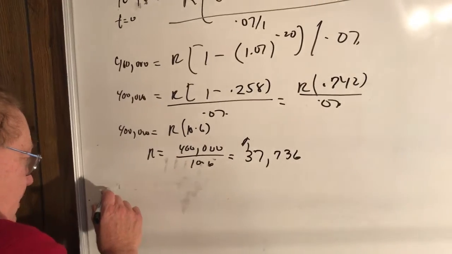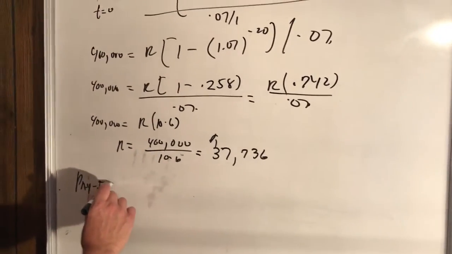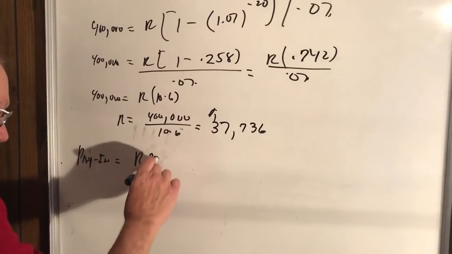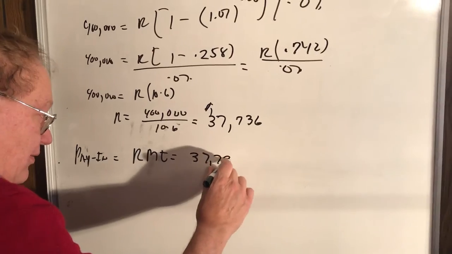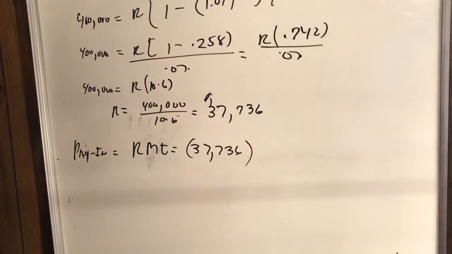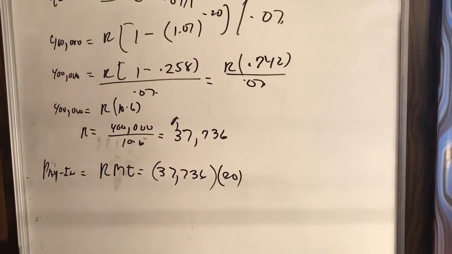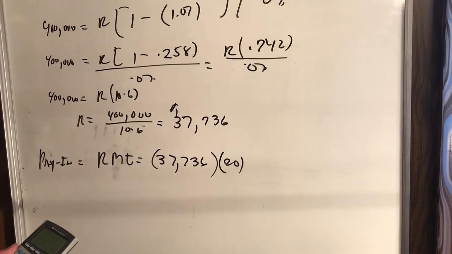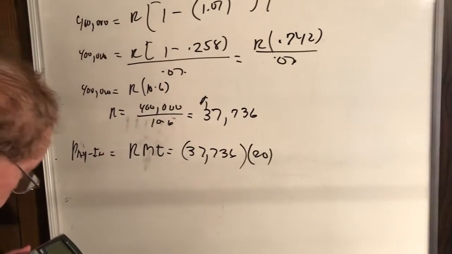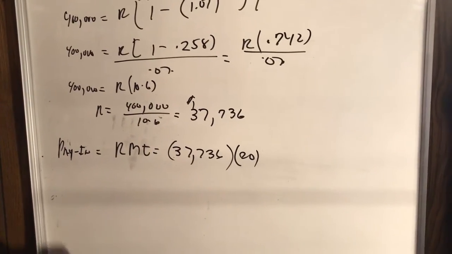So how much am I going to get back in the end? Let's see what my payout is. That's R times M times T, 37,736 times 20. Okay, let's do that here. $754,720.